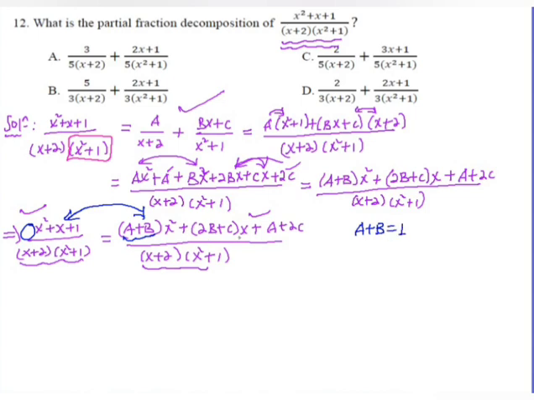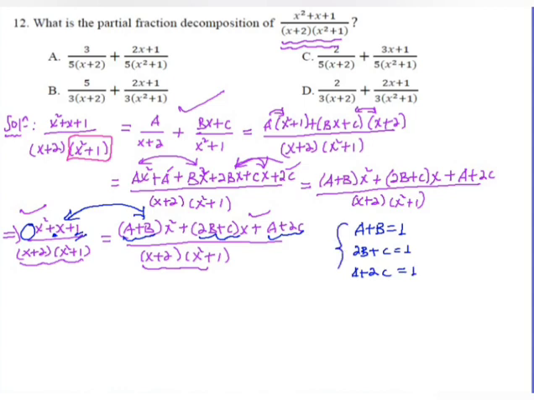The coefficient of x here is 1 and there it is 2b plus c, so 2b plus c must be 1. The constant term here is positive 1, and there it is a plus 2c, so a plus 2c is 1.